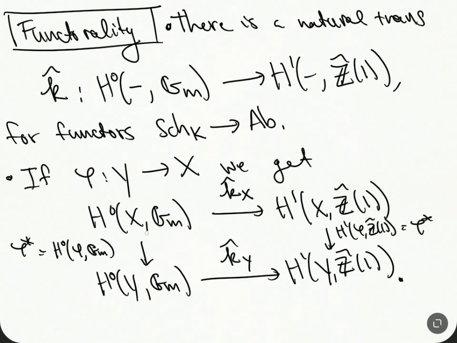When you have a function on X, you pull it back to Y, and you take its Kummer class. This is the same thing as taking its Kummer class and pulling back the class.